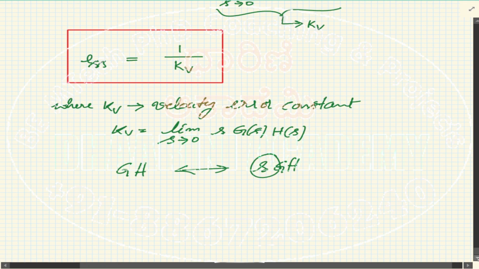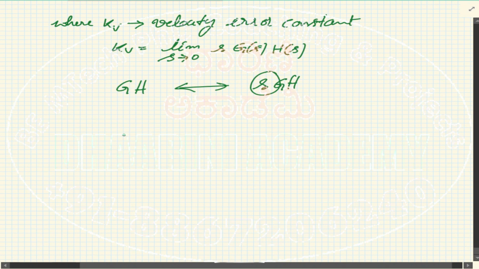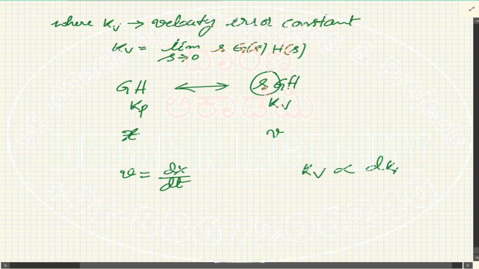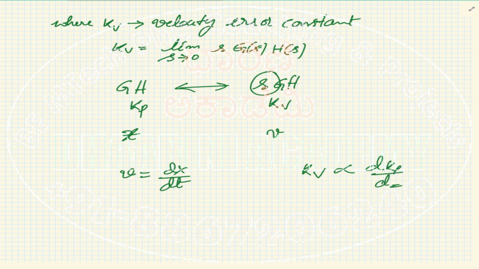Now, what is the relationship between displacement and velocity? Say x is the displacement and v is the velocity. Velocity equals dx by dt. That's what is happening here, right? So this is called Kp, position or the distance. This is Kv. So Kv should be related to Kp as dKp by d whatever variable.